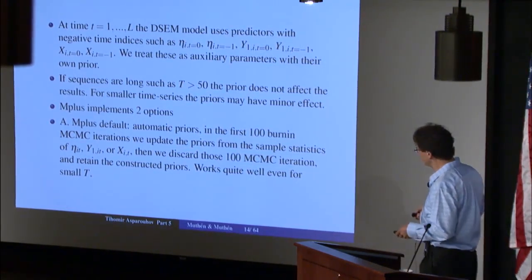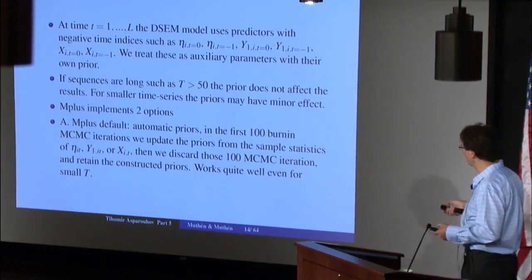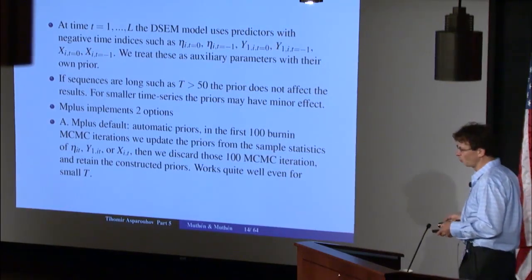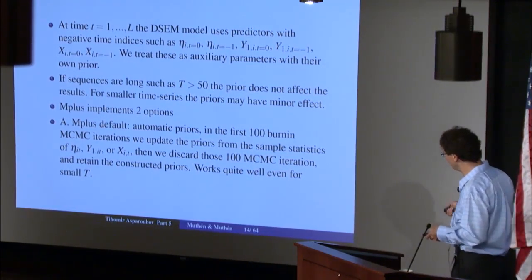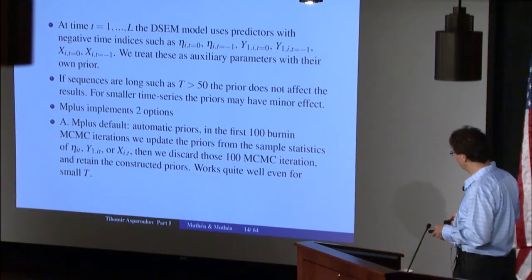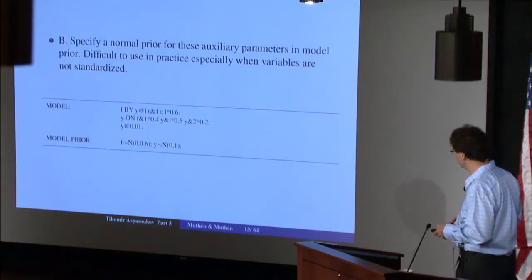And this approach seems to be working quite well. I was working on this maybe more than a year ago, and pretty much nobody actually uses anything but that at this point. It seems to work quite well in practice and even in simulation studies as well.